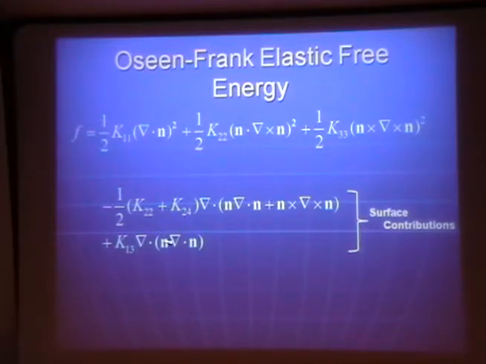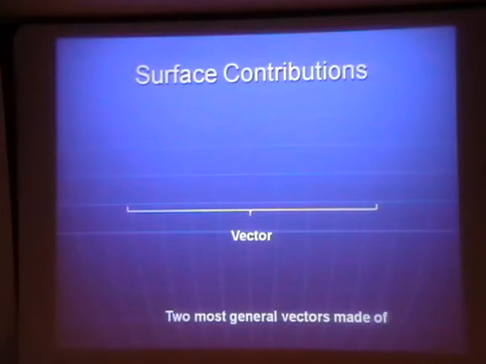One is saddle splay, the other one is splay bend, K24 and K13. Some authors have used different notations, but basically they're the same terms. And I like to focus on the K24 term, saddle splay, because it plays a really important role. I need to explain what it is.